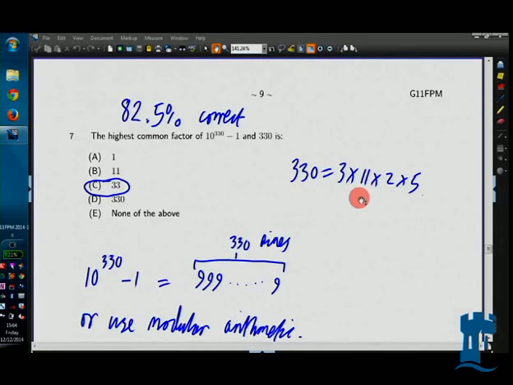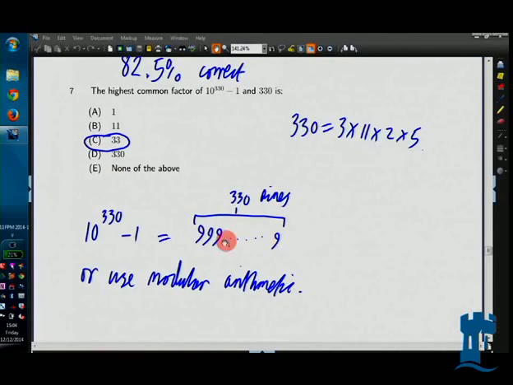Those are the only primes that can be involved in the highest common factor, and they can't go to any higher powers than are shown here. What you have to do is look at 10 to the power 330 minus 1 and decide which of these primes go into that. I did say one approach is to write it as 330 nines in a row, but the other is to use modular arithmetic. So let's see how we would do that.